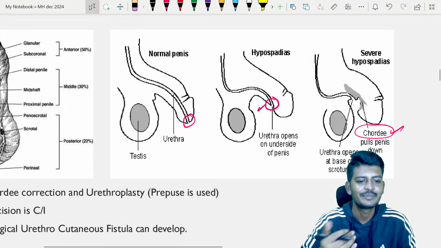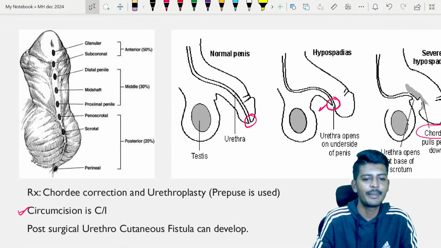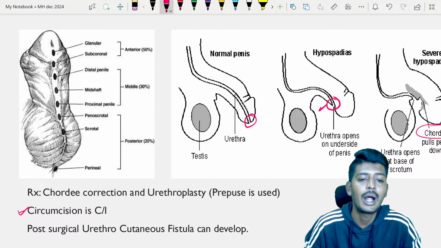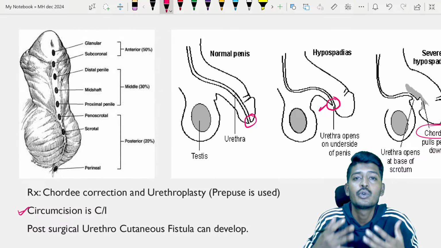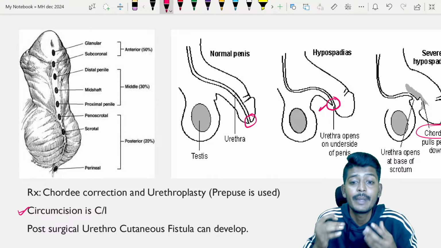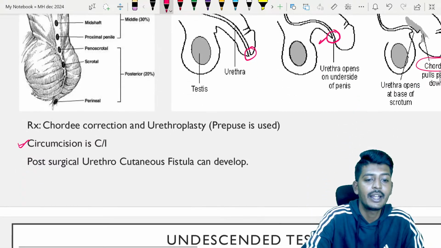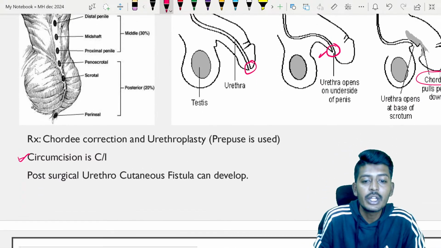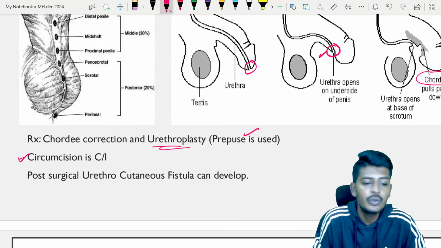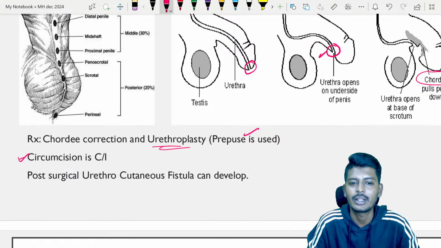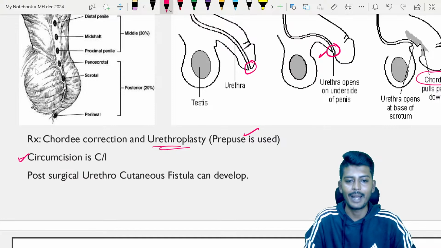Now listen to what exactly I'm telling. Chordae means downward curvature. We are supposed to guide the patient not to do the circumcision, because we will use that prepuce itself. We are going to do urethroplasty, use the prepuce and reconstruct the urethra. That is what is called urethroplasty.